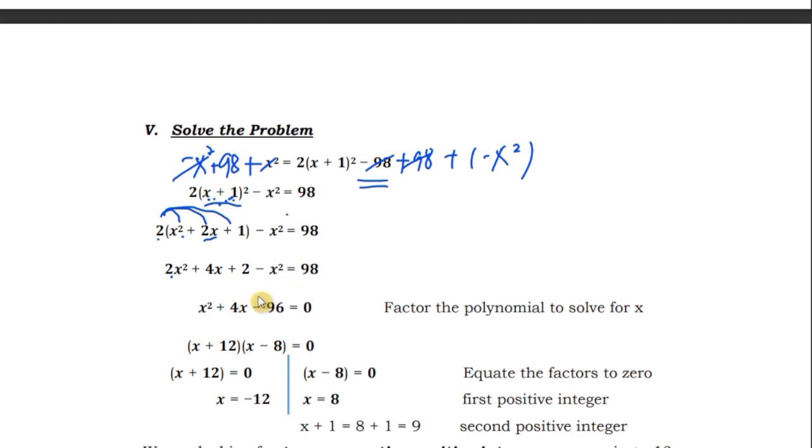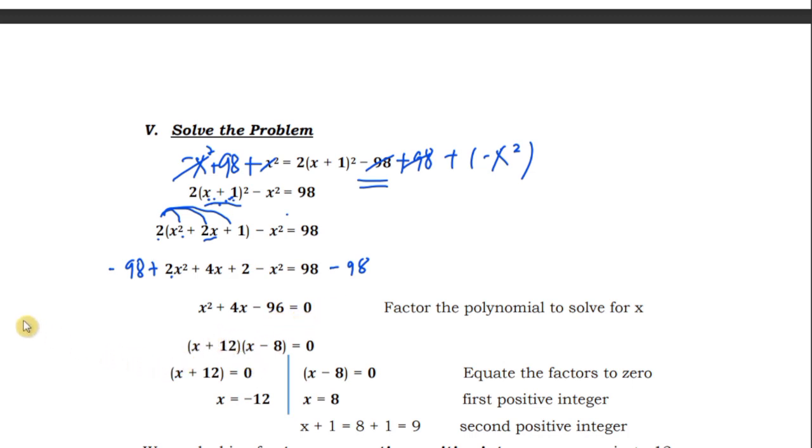Then equating it to 0, we have 98 minus 98, and that makes 0. Then negative 98 plus 2 gives negative 96 equal to 0.